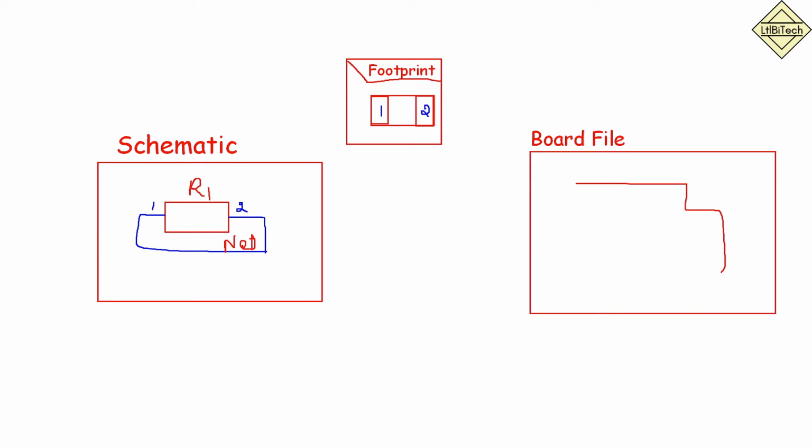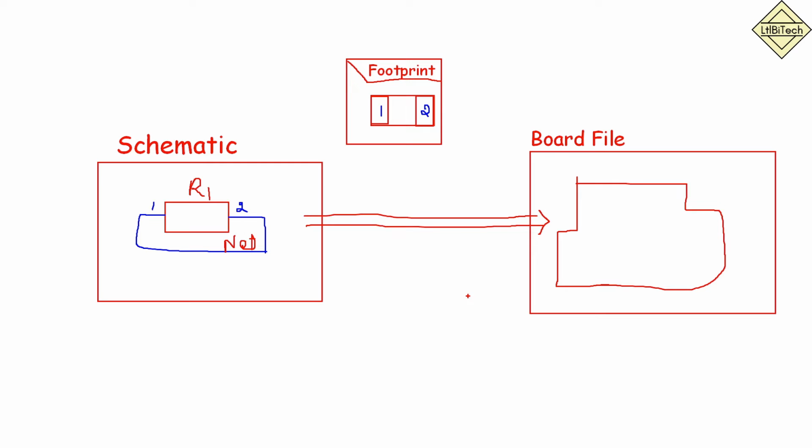For example, this is my board shape. Now what we need to do is switch this schematic into the board. This entire process is called switching from schematic to PCB board.